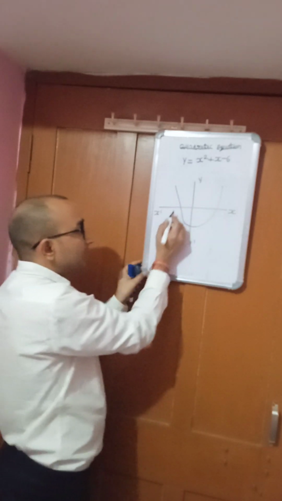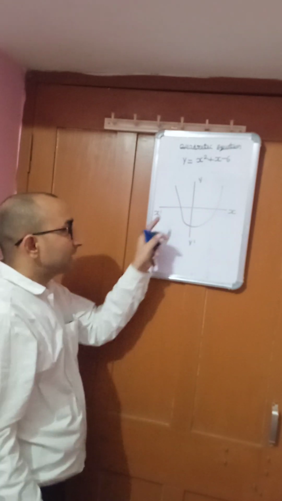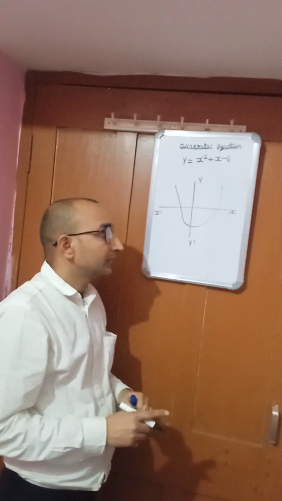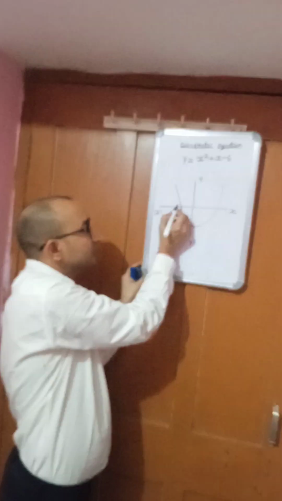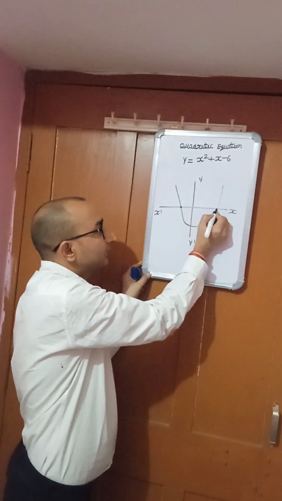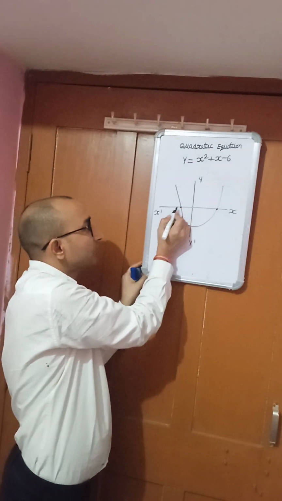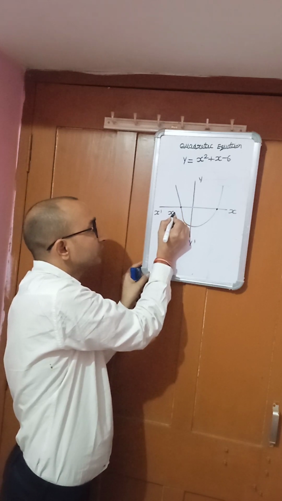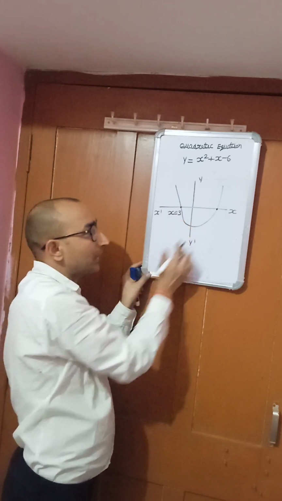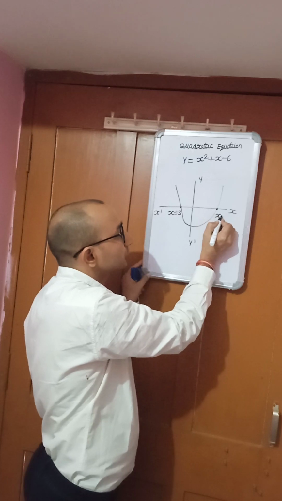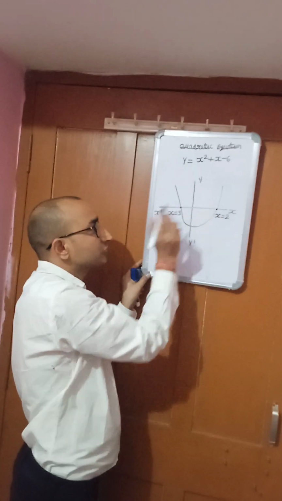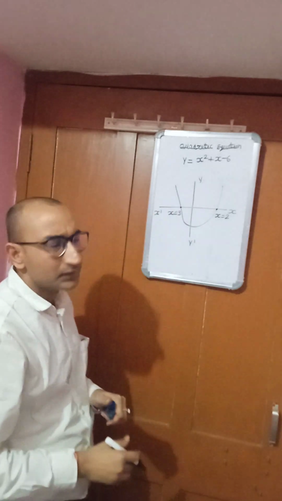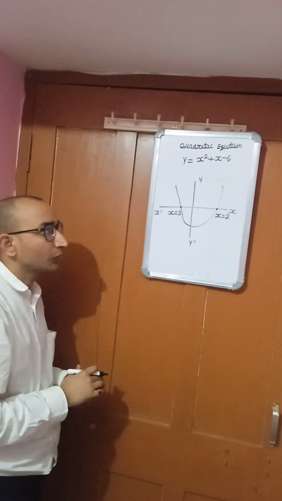If this parabola intersects the x-axis here and here, suppose the value here is x equals 3 and here x equals 2, then these are the solutions of the given parabola.